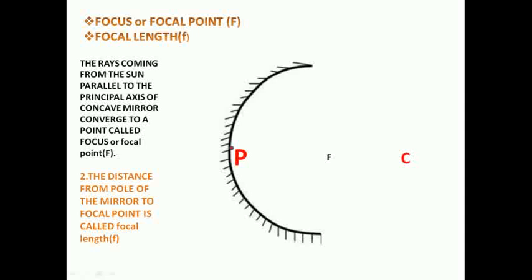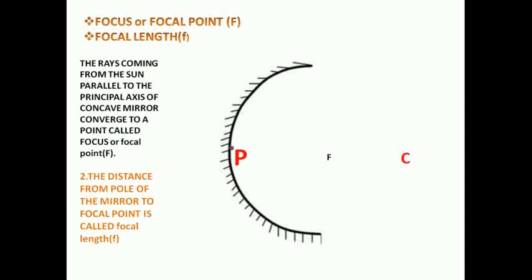Now the next definition is focus or focal point. To understand the statement, let us carry out an activity. Now take a concave mirror and try to bring a piece of paper in front of the concave mirror, and while moving the paper in front of the mirror, try to obtain a bright spot. At a particular point you will see a bright spot.